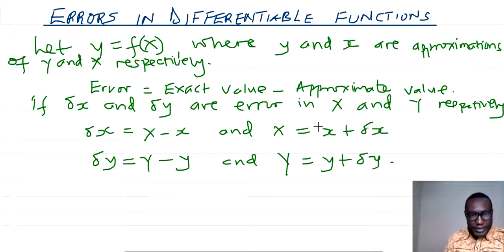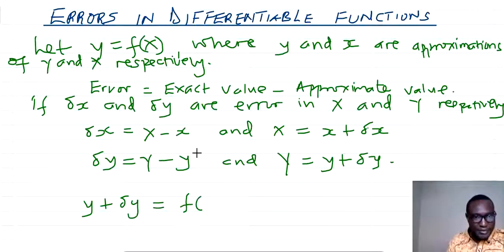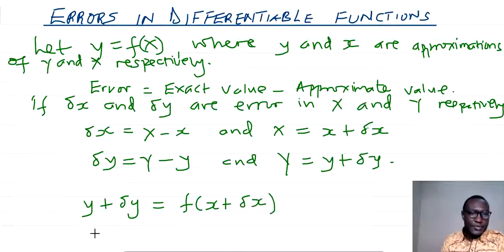Right? So when we treat this function y with its errors, we shall have smaller y plus its error, giving us f(x plus delta x), treating x with its errors. Next, we are going to get it from Taylor's series.